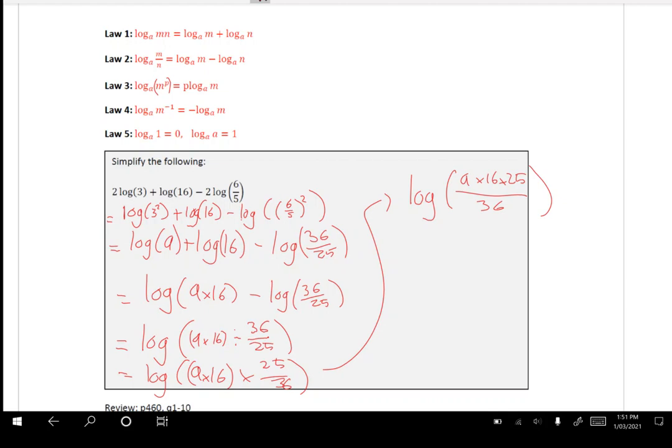Straight away, I know there's a common factor of 9 with 36. If you took a factor of 9 out of 36, what's left over? 4. So I cross that out and I get left with 4. And then 4 has a common factor with 16. So I can cancel that 4 with that 16, and I get left with 4 times 25, log 100.